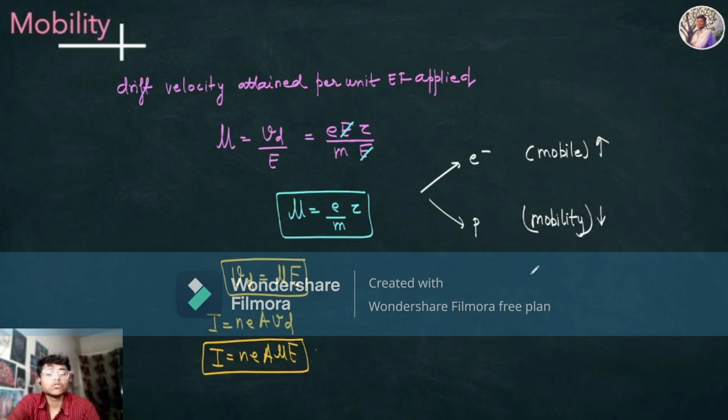We know the drift velocity is E tau by m, so dividing by E, mobility is equal to e tau by m. So VD is equal to mu E. You have to learn this formula for numerical purposes. You have to learn all the formulas in the chapter. It will be important for the boards as well as for JEE.